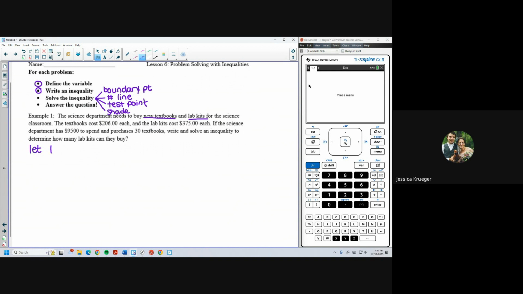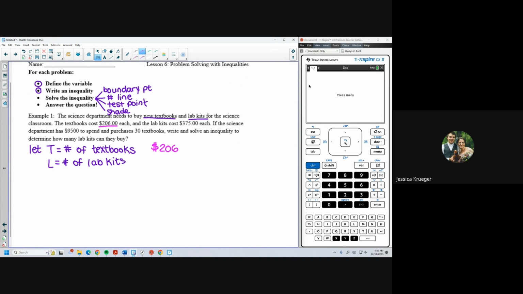So I'm going to let T equal the number of textbooks. And I'll let L equal the number of lab kits. Another reason that having your let statements is good is because it'll help you to organize your information.